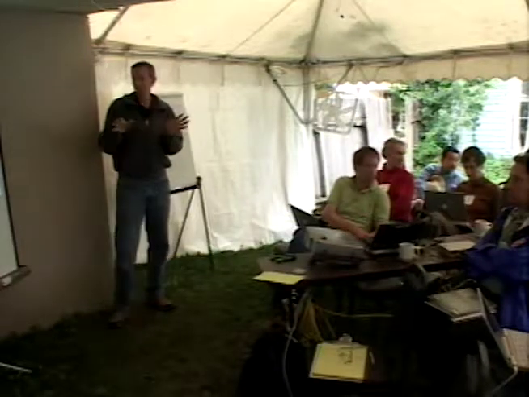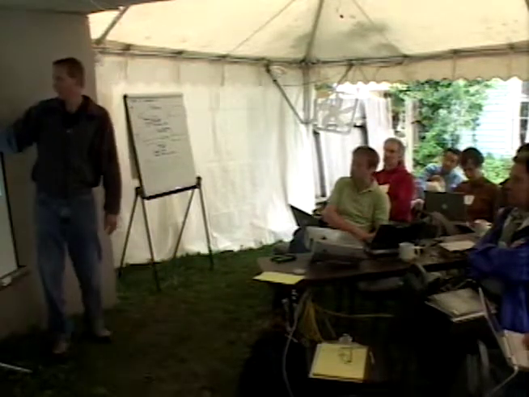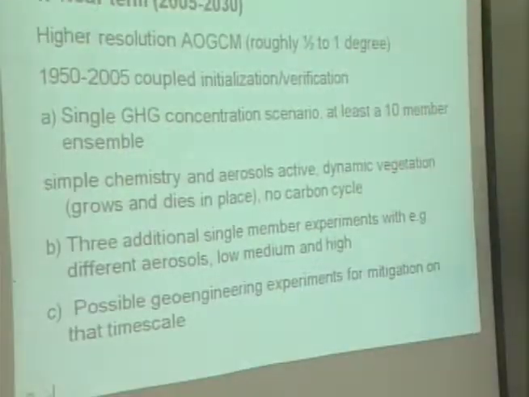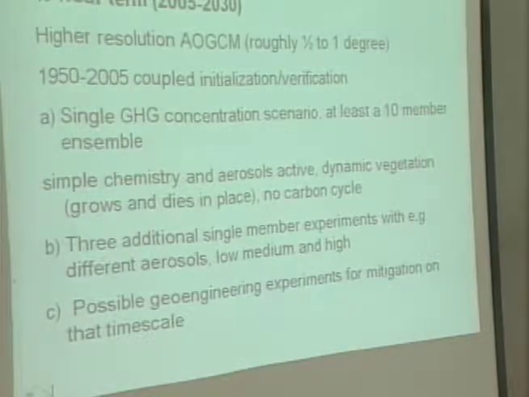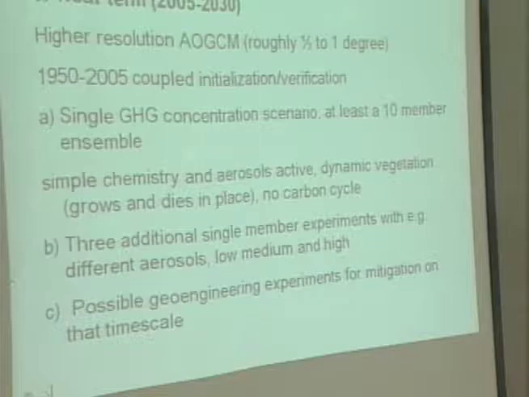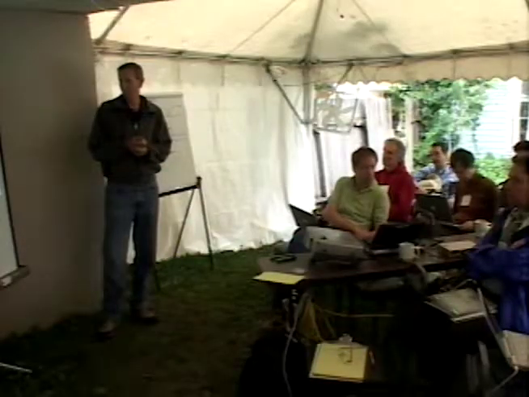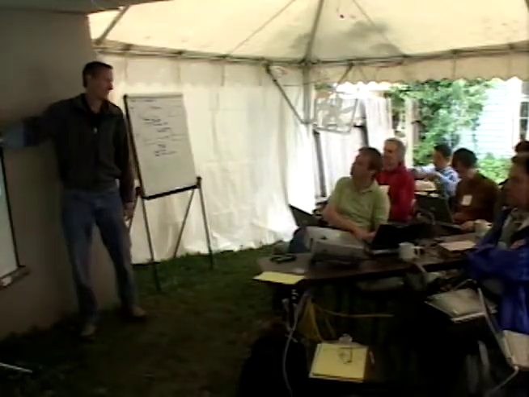No, I think what you say is just say no migration. No migration. Okay. So on this time scale, the vegetation is reacting, but it's not moving around. And there's no carbon cycle in this because that's a longer time scale issue.